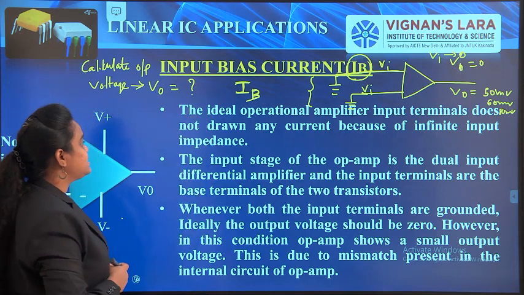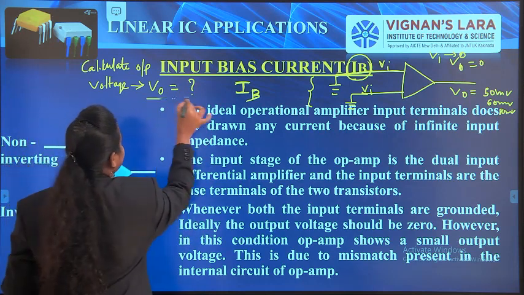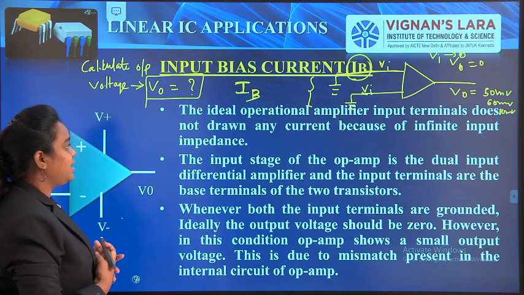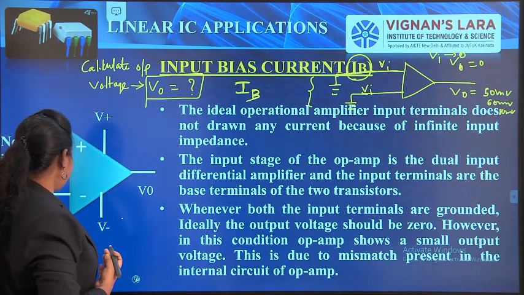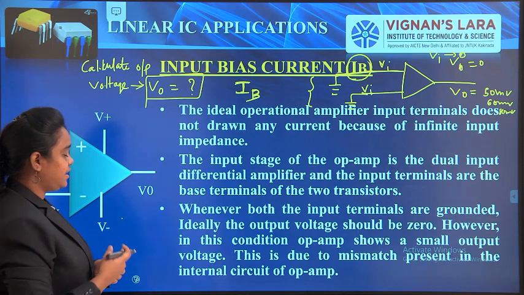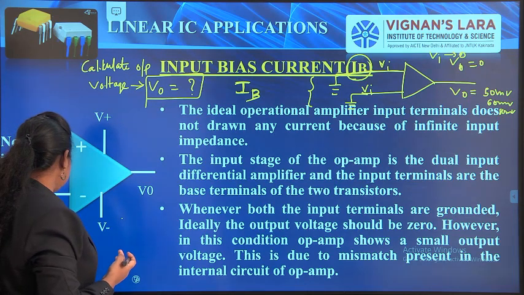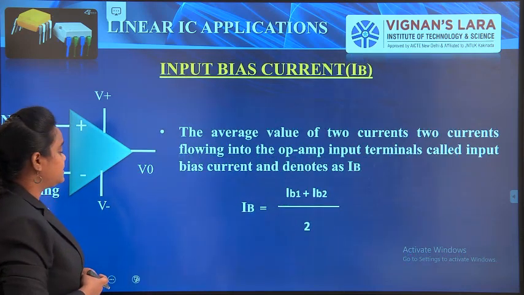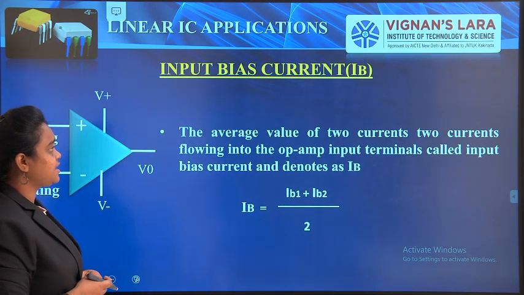That means a current value is added to this output. So this is the theoretical way. We can see this theoretical way in the problems, by considering one circuit, we are going to solve for the input bias current.